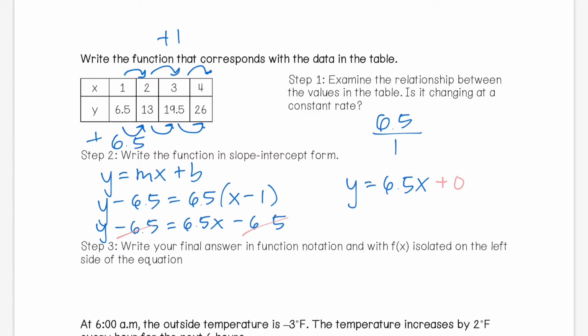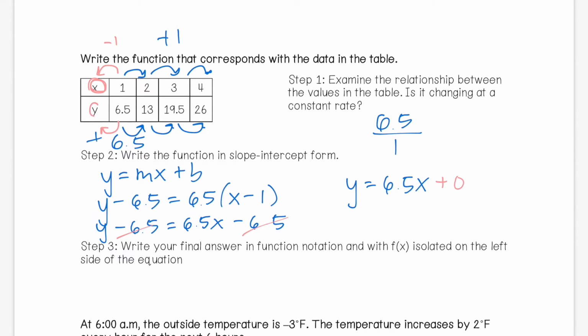If I want to find the output value when the input value is 0, I know to go from 1 to 0, I would have to be subtracting 1. Then, to go from 6.5 to my corresponding value, following this pattern, if I'm adding 6.5 with each value as I increase by 1 in x, then I will need to do the opposite and subtract 6.5.